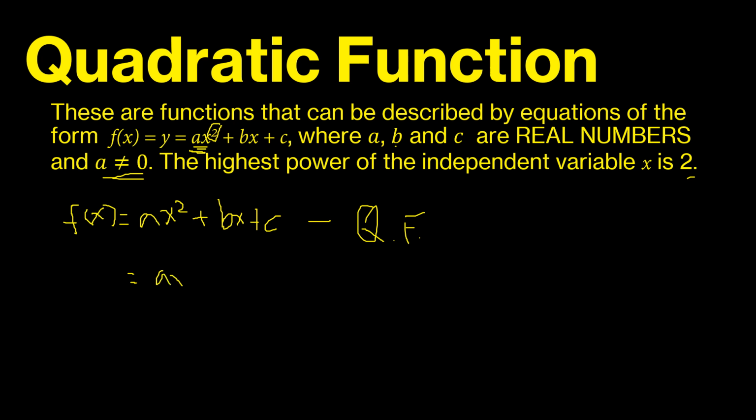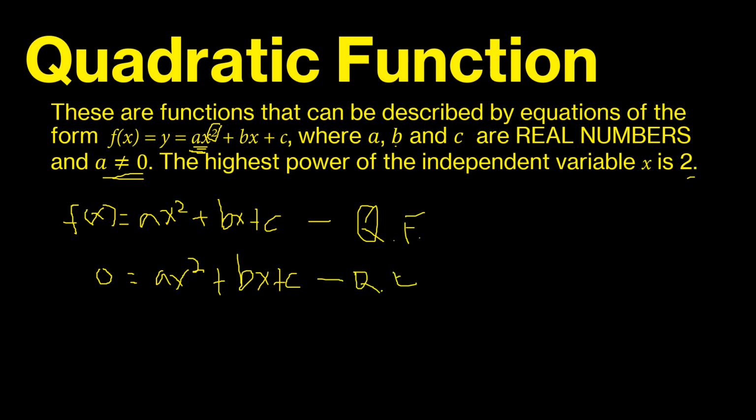ax squared plus bx plus c is equal to 0. Okay, so this is only a quadratic equation.